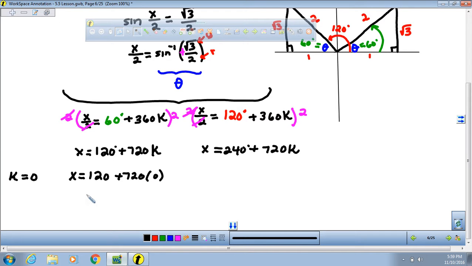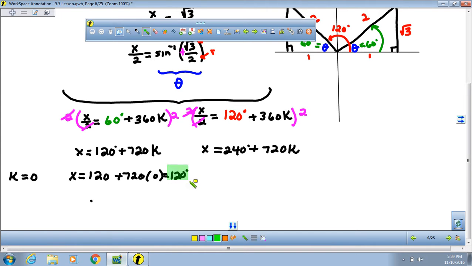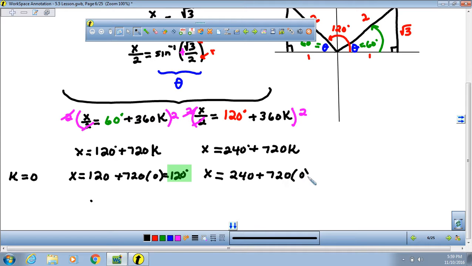That is going to be 120, right? That is that angle, 120 degrees. That is my first answer. Second, x is equal to 240 plus 720 times 0. That gives me 240 degrees.